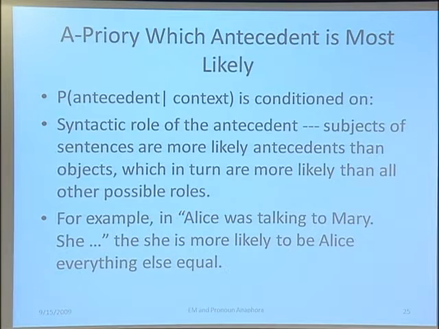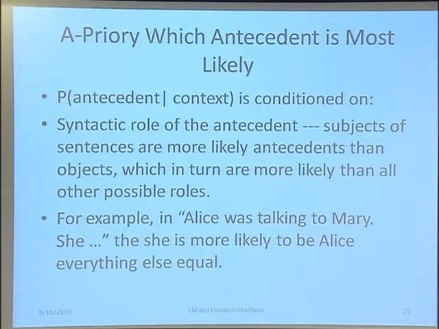Subjects are much more likely to be antecedents of pronouns than objects, and they are in turn slightly more probable than non-objects, things like objects of prepositions. So, for example, in "Alice was talking to Mary," "she" is more likely to be Alice than Mary, everything else being equal.